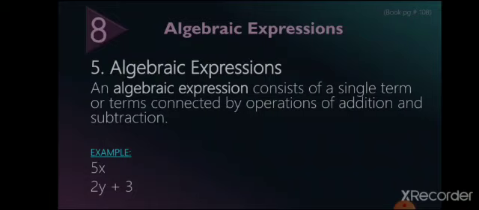So constant and variable, when written together with operators, it forms algebraic expressions, means it's variable and coefficient. And like the second one, it's 2y plus 3. So we are using the operator between 2y and 3. 3 is constant value and 2y is variable. So when variable and constant are written together with operators, it's an algebraic expression. Understood?